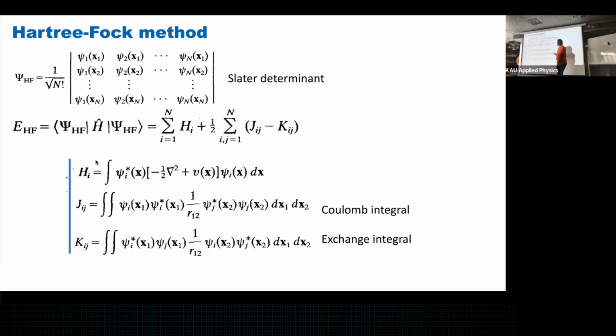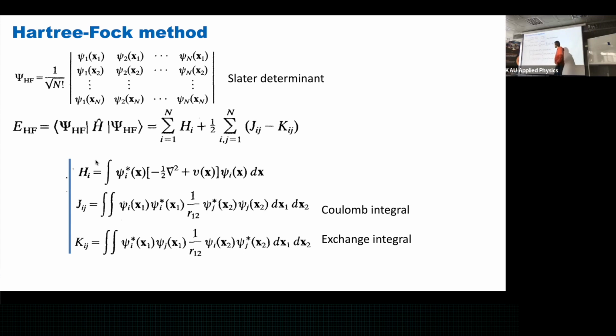And from this upgrade, we got two new integrals in the energy. I have shown you just the Hamiltonian, which was very simple, I think. So here is only the Hamiltonian part. And now when we use the Slater determinant, we also have this Coulomb integral and exchange integral.